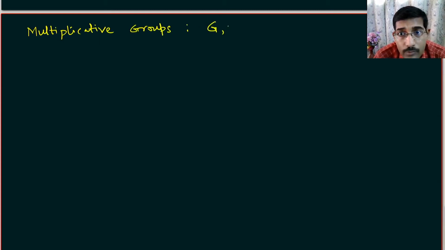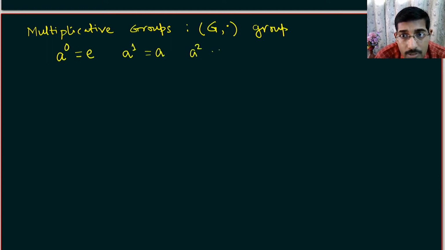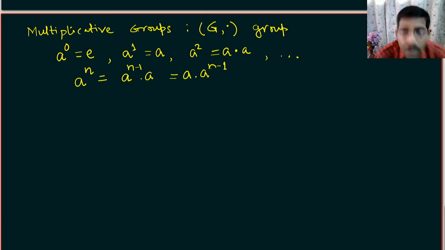For multiplicative groups, we say G under the multiplicative operation is a group, and then we write it this way: A to the power 0 is E, A to the power 1 is A, A square is nothing but A operated over A 2 times, and so on. Therefore, A to the power n is A to the power n minus 1 into A, which is basically A into A to the power n minus 1. Both ways we could write it.